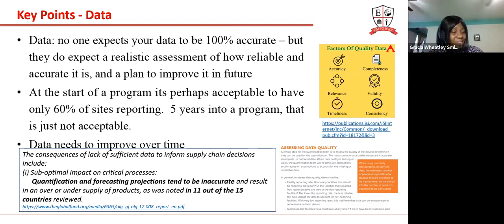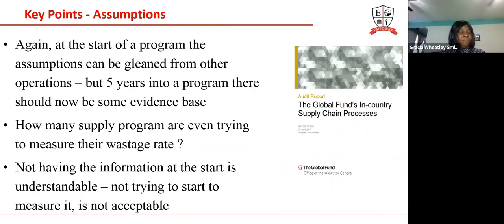Quantification and forecasting are very heavily reliant on the data that we collect. At the start of a program, assumptions can be gleaned from other operations because you're just starting. But 5 years into that program, you should be producing some evidence-based data.